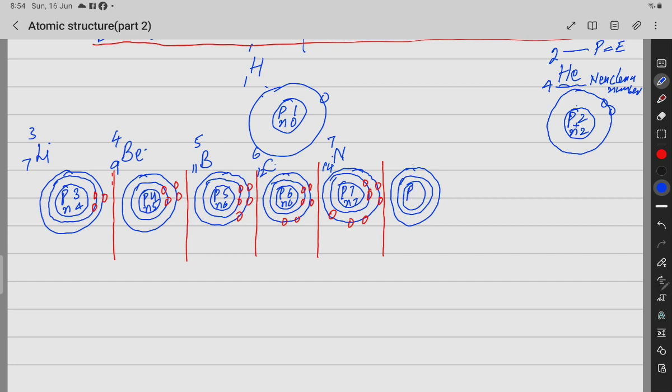This is oxygen, present in group 6. Proton 8, neutron 8, the first shell has 2 electrons, the second shell has 6 electrons because it is present in group 6, and we have discussed earlier that the group number determines the valence shell electrons.